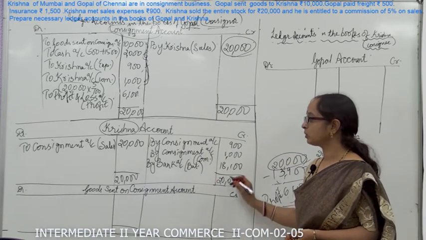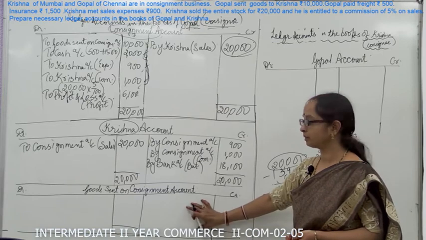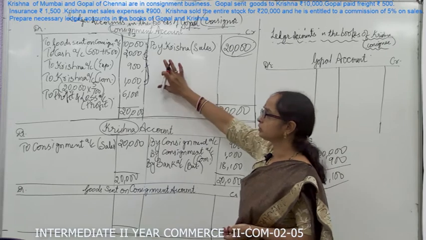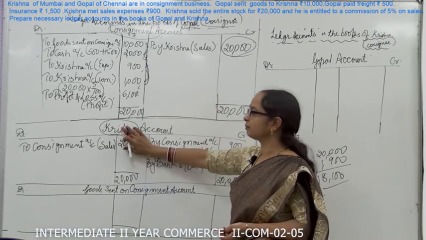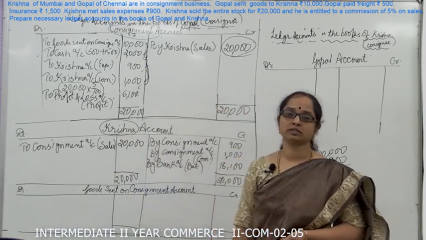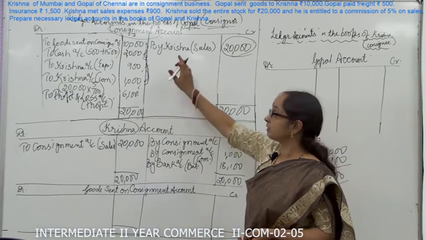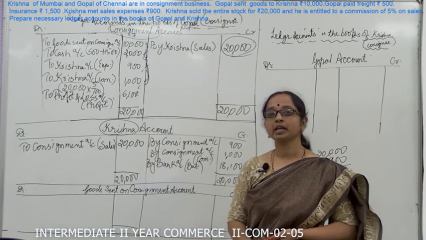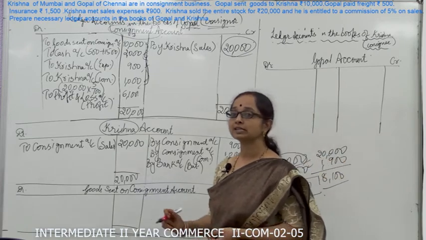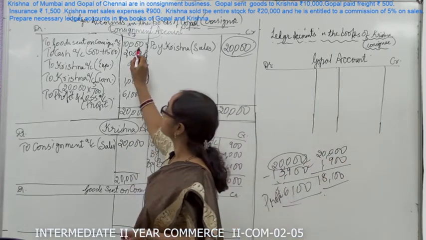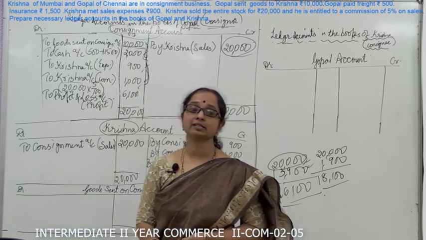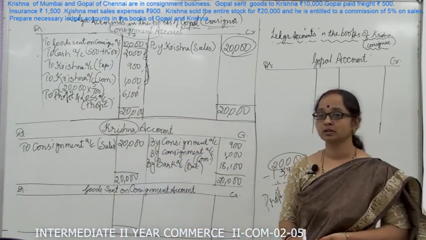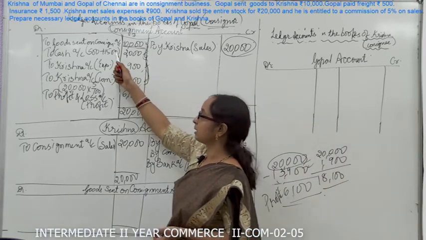Next, one more account we have to prepare, that is our goods sent on consignment account. Once you do this consignment account, you can prepare all these two accounts. Okay, so now this also we'll just look into our consignment account and do it. Consignment account lo where is our goods sent on consignment? The first entry itself is that, first posting itself is that, to goods sent on consignment account 10,000 rupees. So here also the same rule follows.